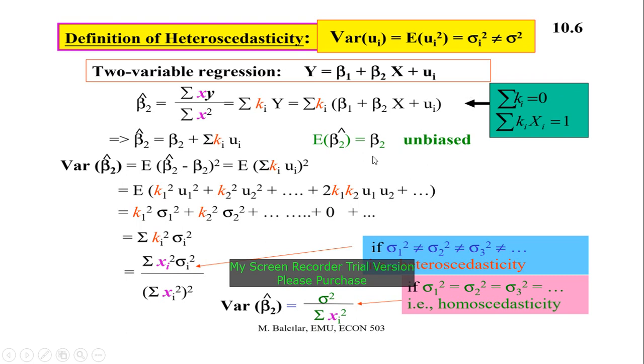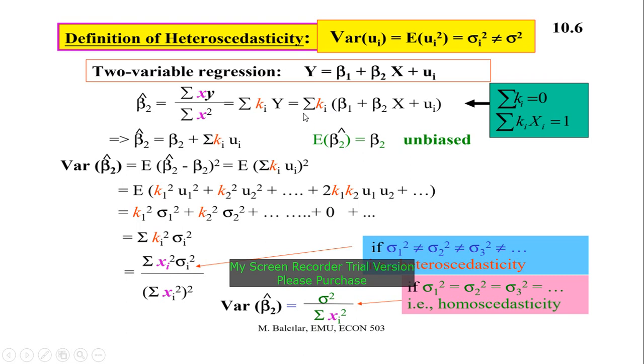So now we are going to expand it. When we expand, we are going to multiply through by summation of ki. Summation of ki times beta 1 gives beta 1 summation of ki. But knowing that summation of ki is equal to 0, when we multiply beta 1 by summation of ki, everything results to 0. So this one goes off. Now let's continue.